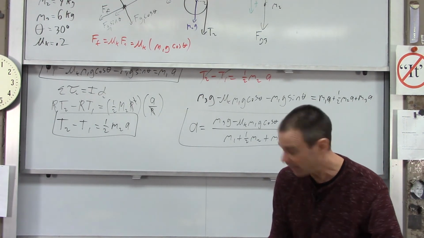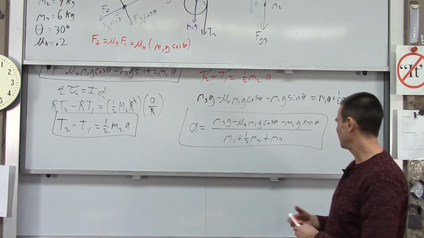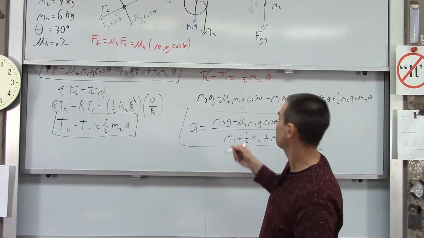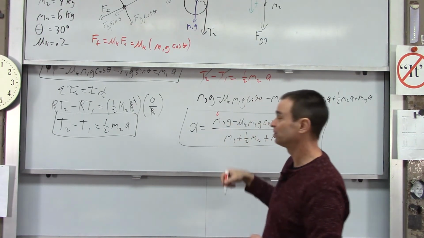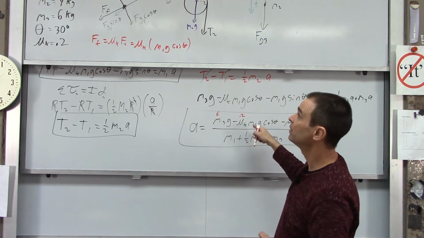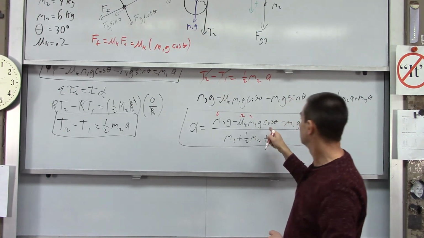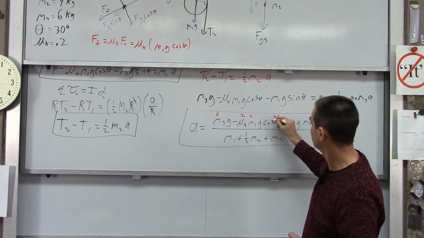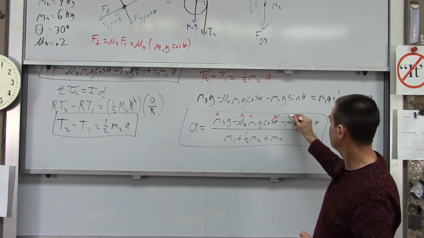Now, we do have values for all of that, so we can go ahead and get a number out of this. So let's see here. M3 is 6. We know G is 9.8. Mu is 0.2. M1 is 2. Theta is given as 30 degrees. M1 is 2.